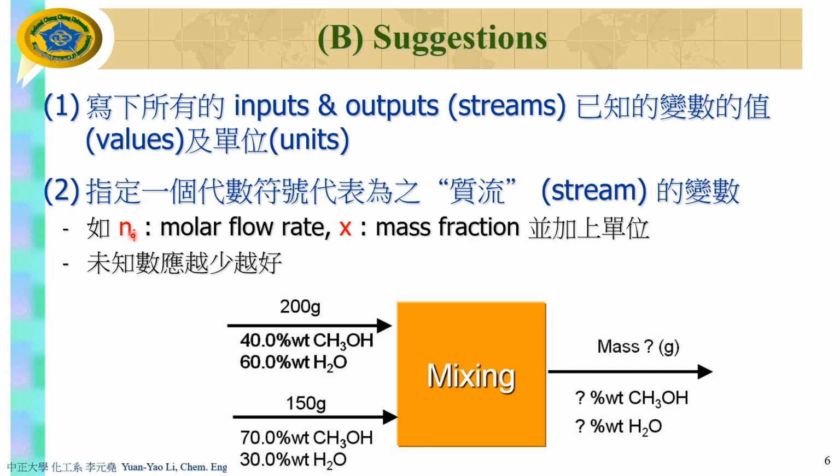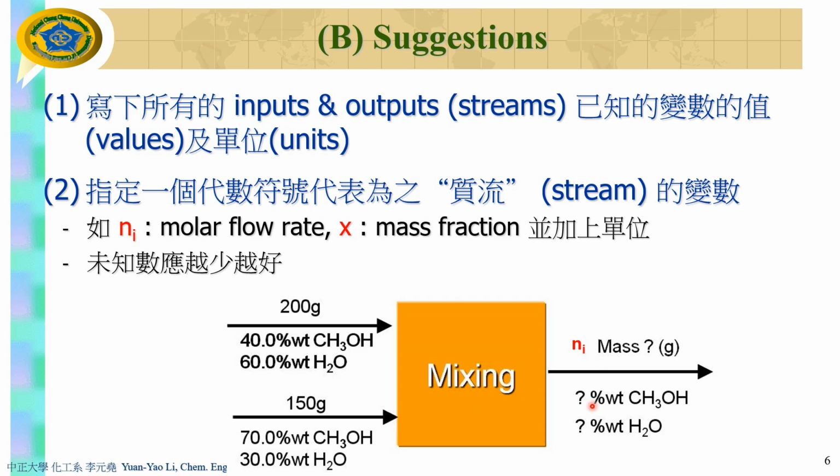This is a symbol anybody knows. N stands for mole. If you have an overdot, N-dot stands for molar flow rate. X stands for mass fraction. So in this case, you write down something like Ni, and you know this is mole, or this is gram.